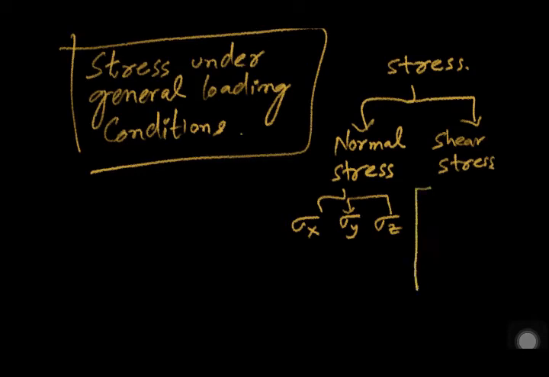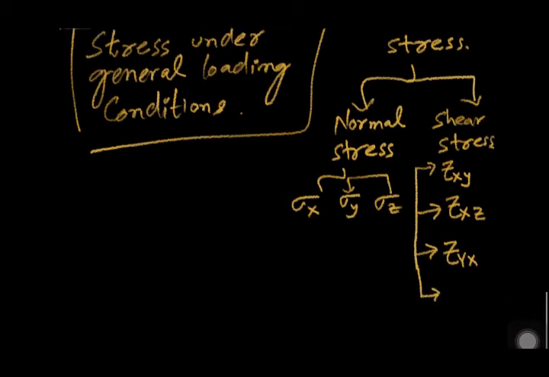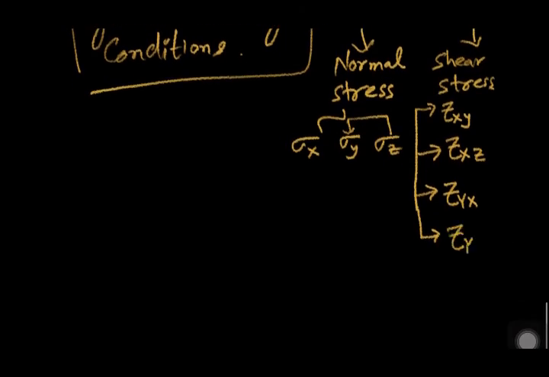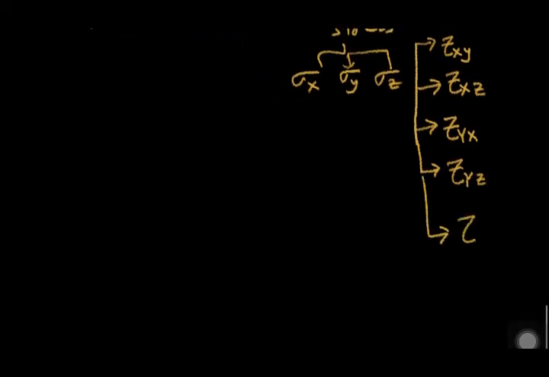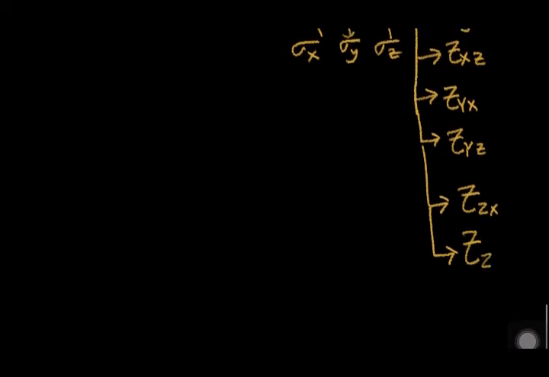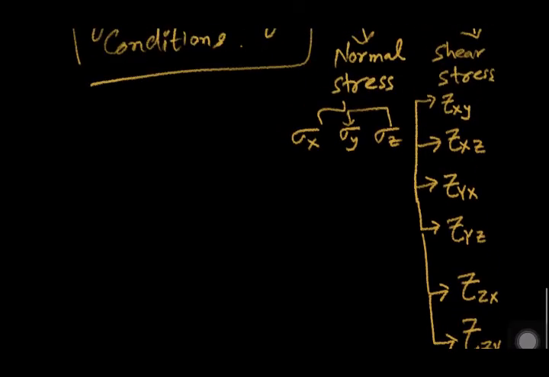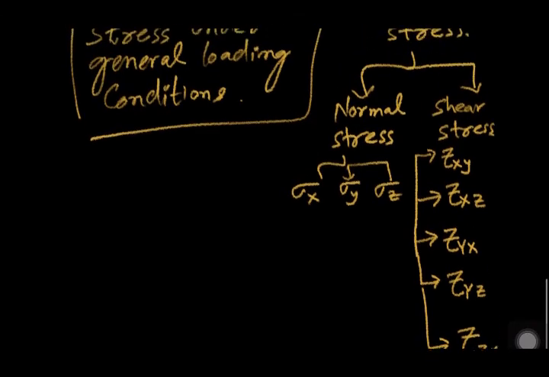So one was tau xy, tau xz, then again tau yx, tau yz, and again we had tau zx, tau zy. So these were the general stresses.